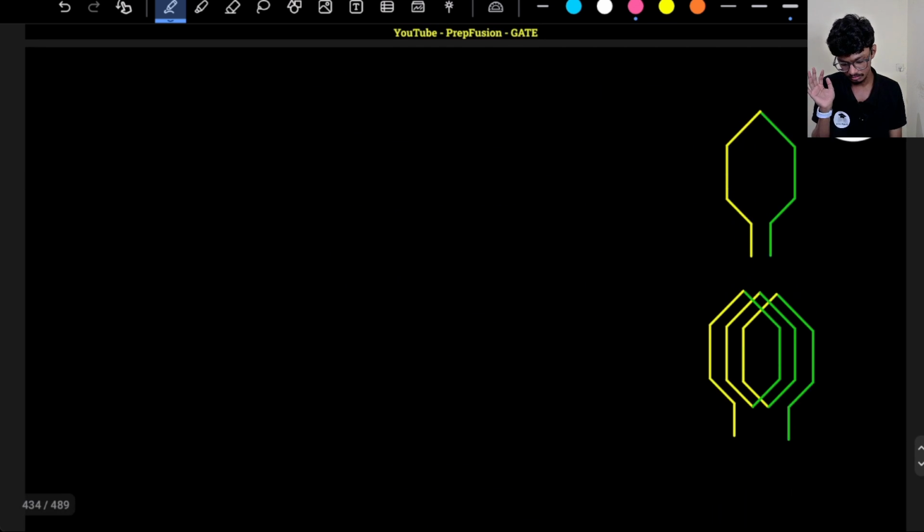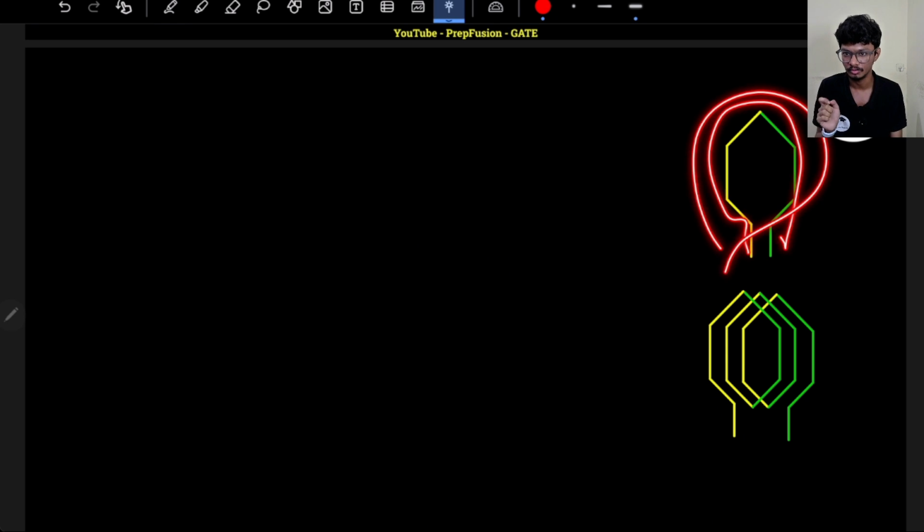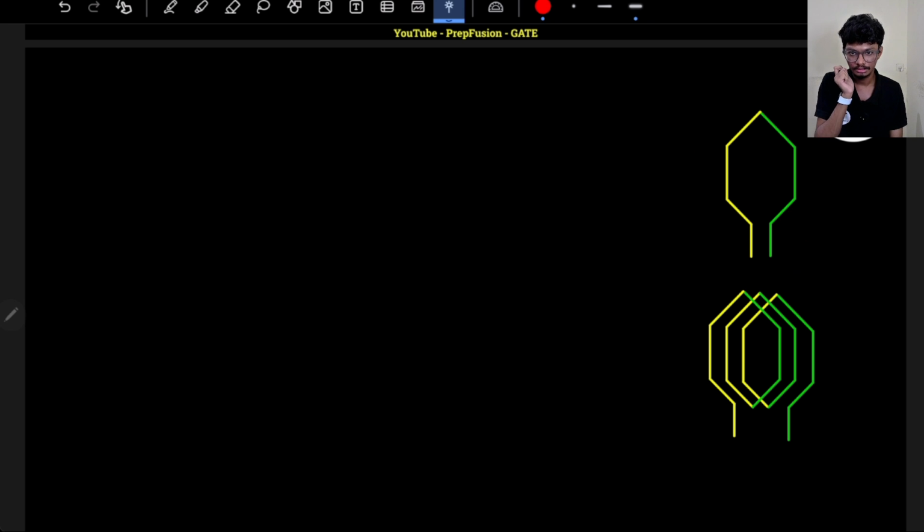Okay. So first of all, let's come to this part. What is it? This is just simply a coil, right? Each coil has two conductors. This is one active part of the conductor, this is also another active part of the conductor.